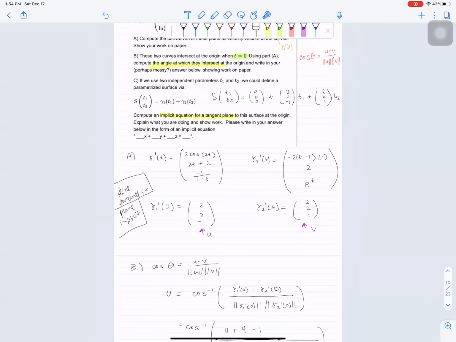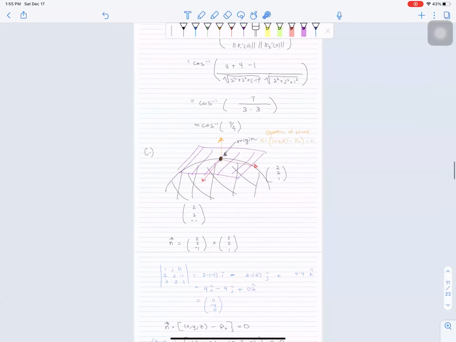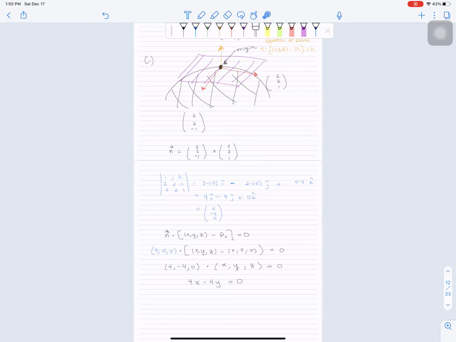You can make sure you're getting the correct thing by plugging things in. Your x component is 2t1 plus 2t2, your y component is 2t1 plus 2t2, and your z component is negative t1 plus t1. You can plug those x, y, z's into the implicit equation and see if you get something that satisfies it equal to 0. That's how you can make sure your implicit equations agree with your parametric equations.